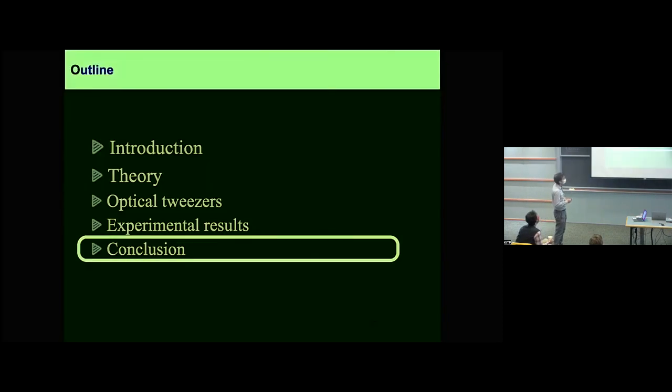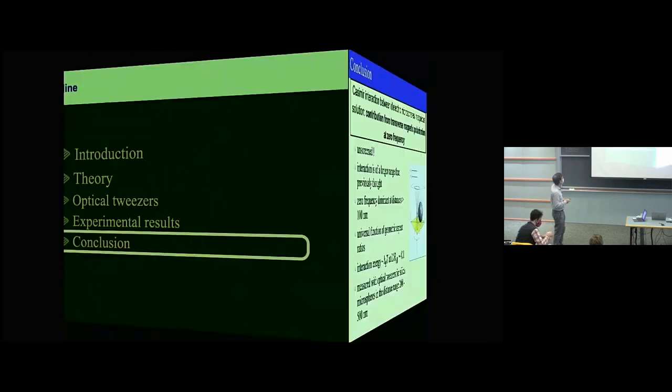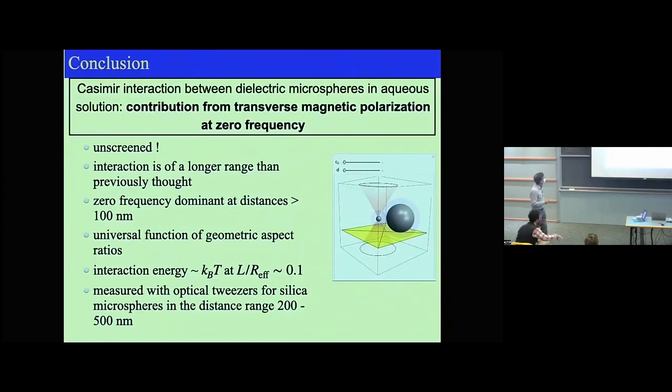So in conclusion, what we have shown experimentally is compatible with this contribution from transverse magnetic polarization at the limit of zero frequency. This contribution is not screened, so it will be there regardless of the value of the Debye screening length, even if the Debye screening length is very small.